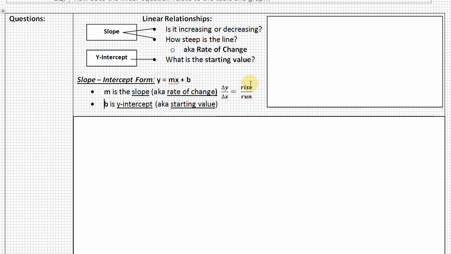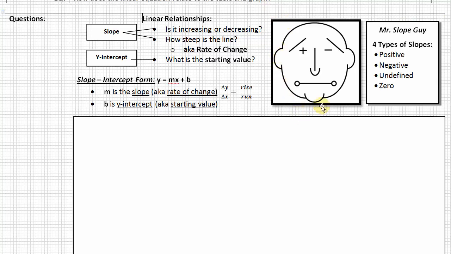There's a helpful piece of information I want to give you before we move on any further in today's lesson. You may have already seen this poster, but I have a poster of this in my classroom, and this is who we refer to as Mr. Slope Guy. Mr. Slope Guy is an illustration that someone came up with to show us the four types of slopes. His eyebrows here are giving us the first two.